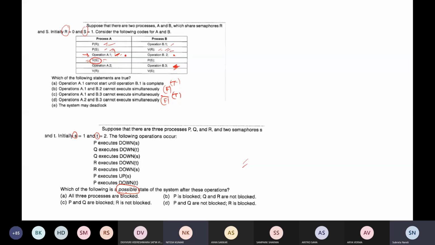No, the options are given. We are not talking about deadlock. We are talking about which processes will be blocked and which will not be blocked. They are simply talking about blocking. Which option will be true?